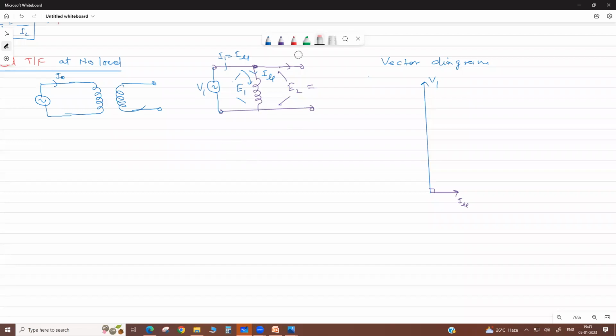So your current lags the voltage by 90 degrees. This magnetizing current produces the flux in the core. The flux is directly proportional to the magnetizing current, so this is the magnetizing flux it produces in the core. Now it induces the EMF in the primary and secondary.